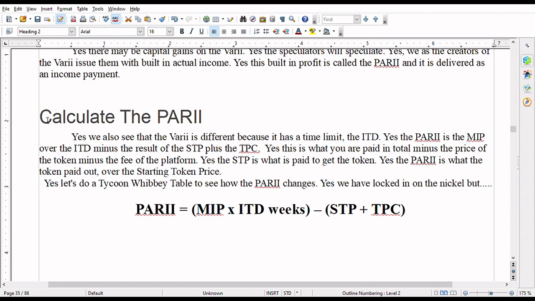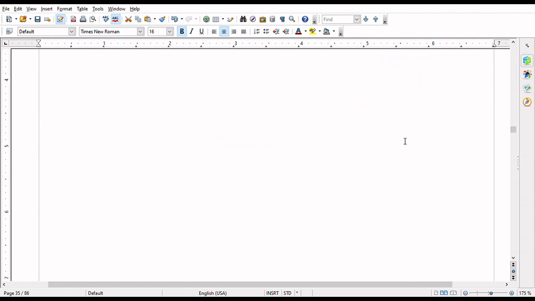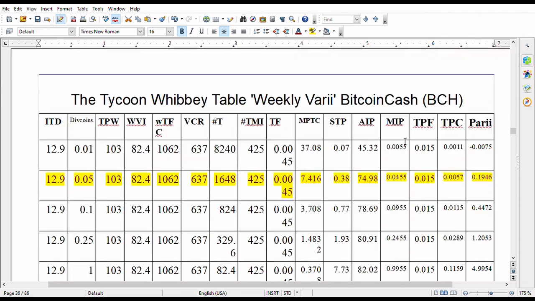And in order to calculate the PARI, we say that the PARI is equal to the MIP times the ITD minus the STP plus the TPC. And we get the real profit of it. And our last variable brings us to the full Tycoon Wibby table for the weekly Varii. And of course, this has all been brought to you by Bitcoin Cash.